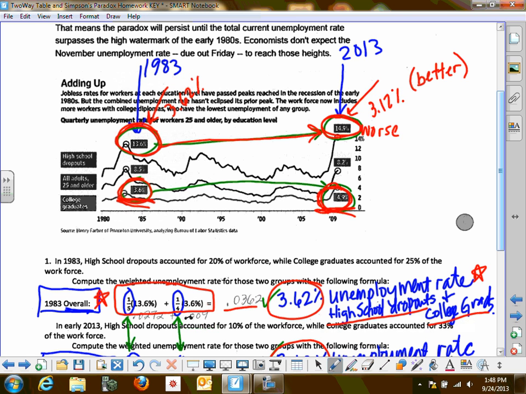So therefore, 2013 is worse. So this is Simpson's Paradox, because when you looked at the overall results, it appeared as though the unemployment rate was better. However, when you looked at the high school dropouts individually and the college graduates individually, in fact, 2013 was worse.